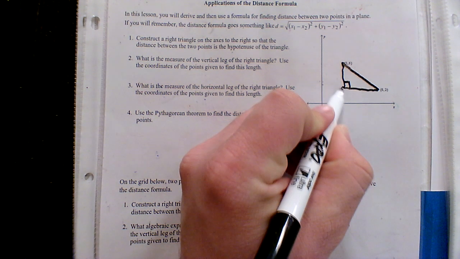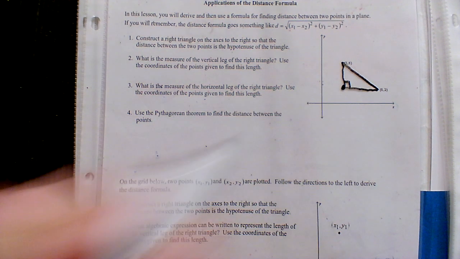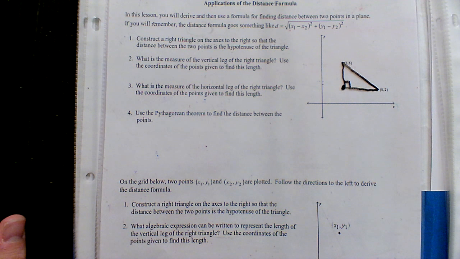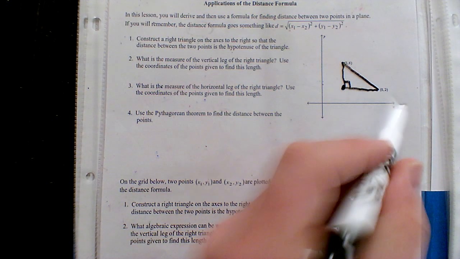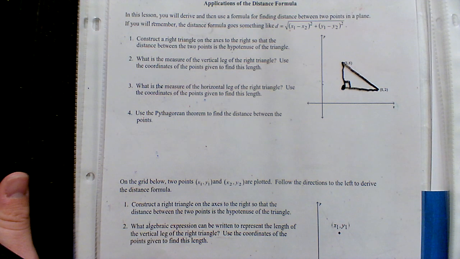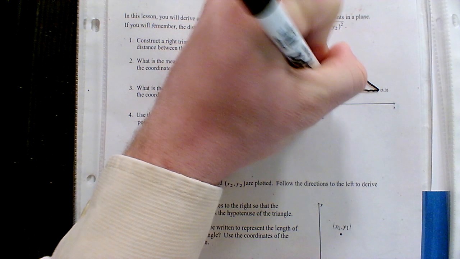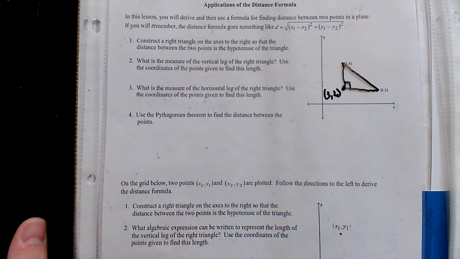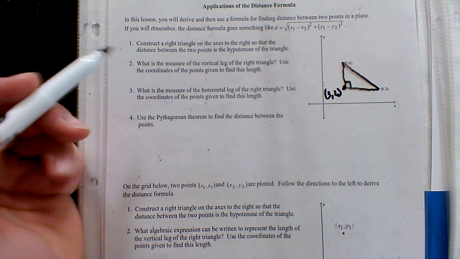And this point here where this 90-degree angle would occur, what point would that be? Use your other points to help you figure it out. Yeah, 3, 2. Alright, so we've done number one.